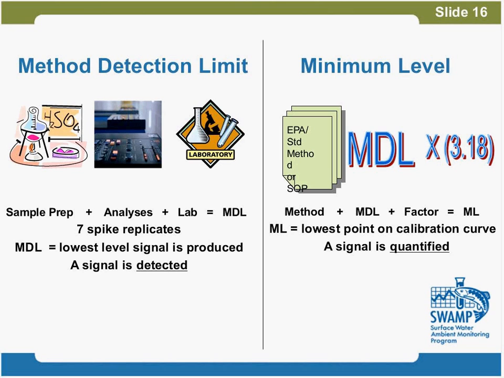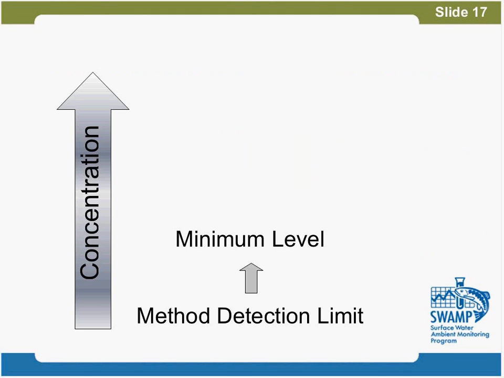And so we see the two side by side here. With method detection limit, the key is that the signal was detected. With minimum level, the key was that the signal was quantified, and we are moving up in our concentration level now.